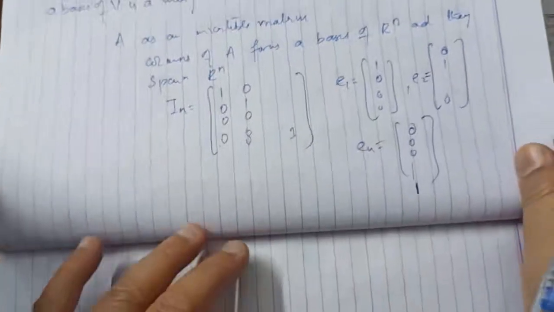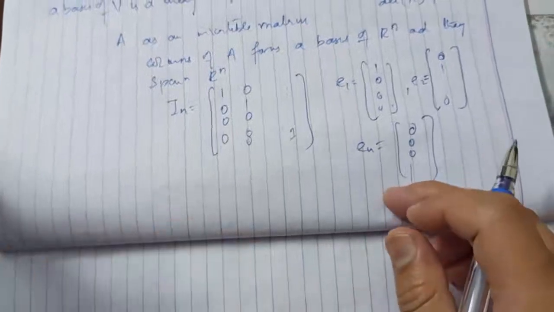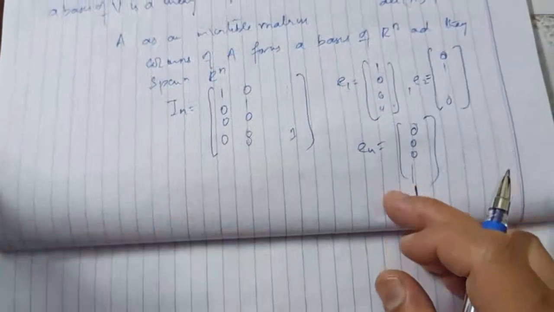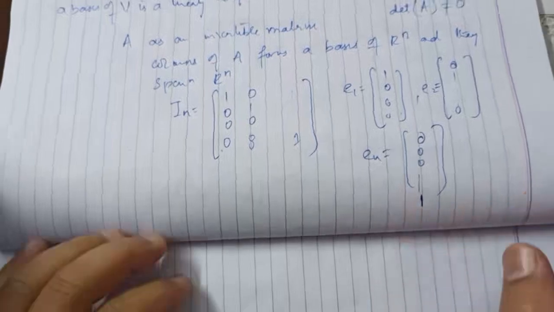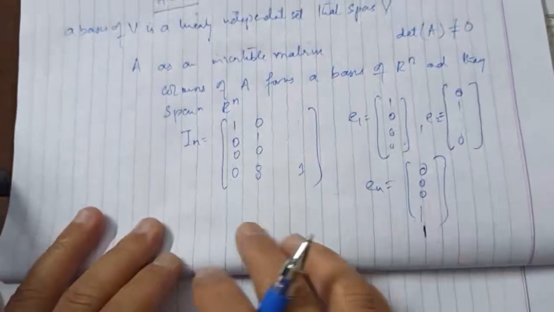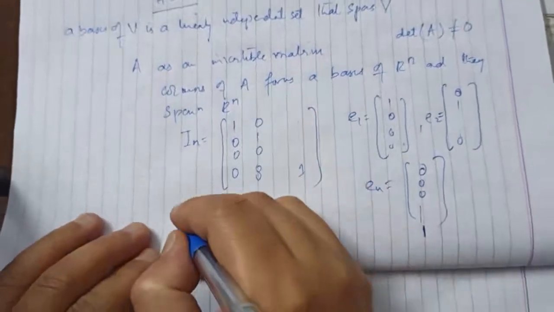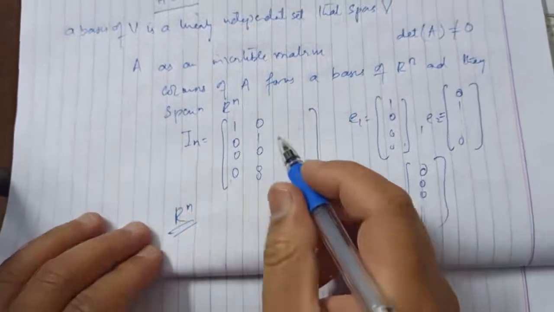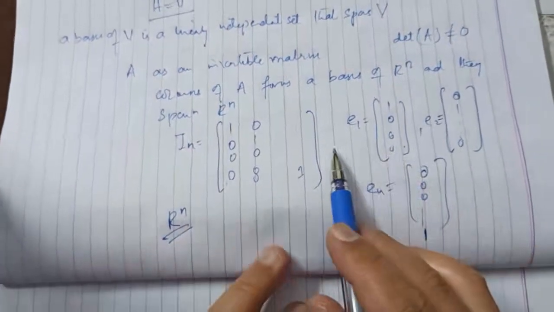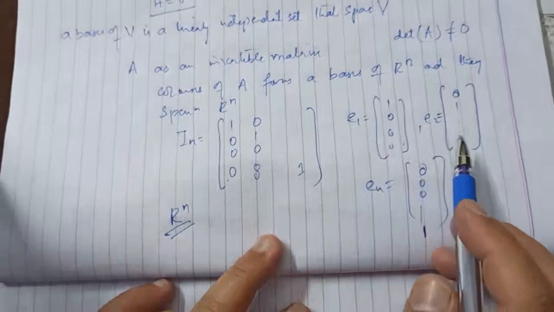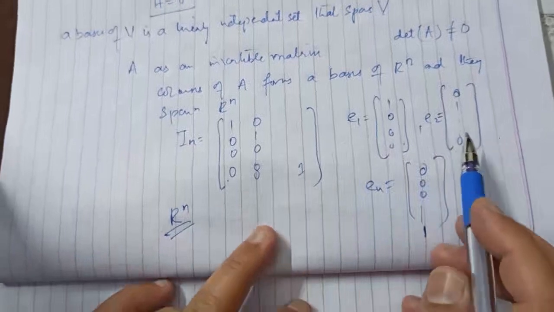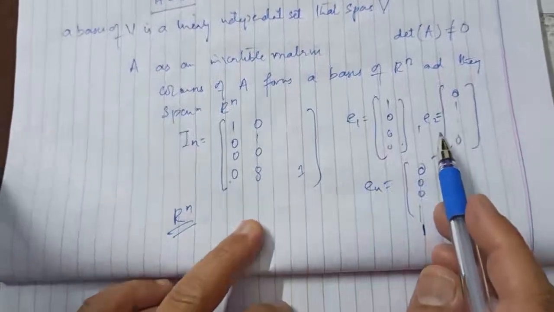Now these actually span Rn, all these vectors, their linear combinations span Rn, and that's why you use it as a standard basis for Rn.